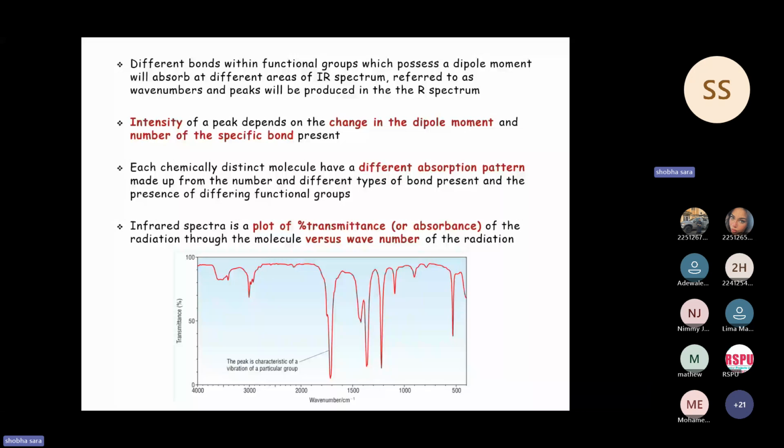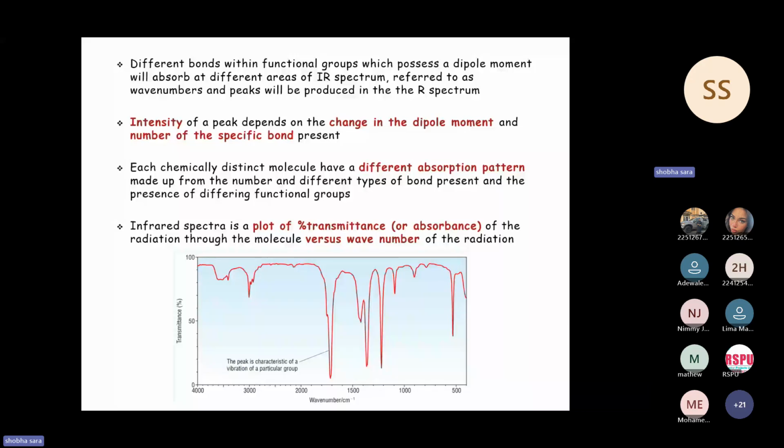Then you must be wondering, what are the sharp peaks there? Each of these peaks corresponds to a particular absorption. I told you a complex molecule, or even a molecule, is made up of several bonds like CH, NH, OH, CO, alcoholic, carboxylic acid group, and they will be vibrating at particular frequencies.